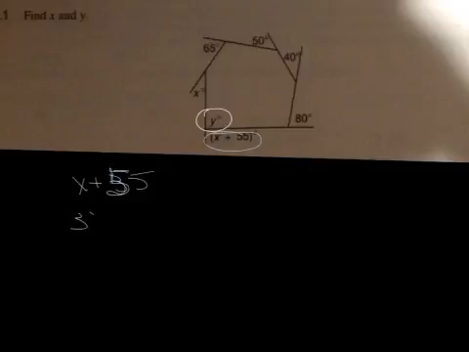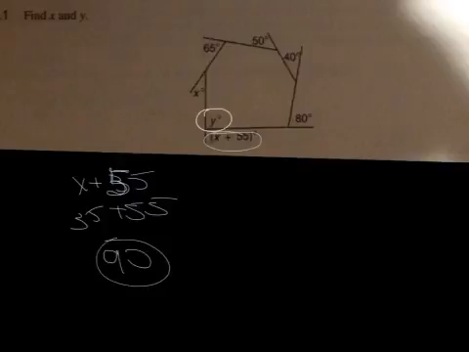So 35 plus 55 is going to be 90. Okay, so I know that is a 90-degree angle, which means this angle right here, because this is a straight line, if we add this and this together, we have to get 180 because they're supplementary. So if this one is 90, then this one is also going to have to be 90. And that's how you find y.